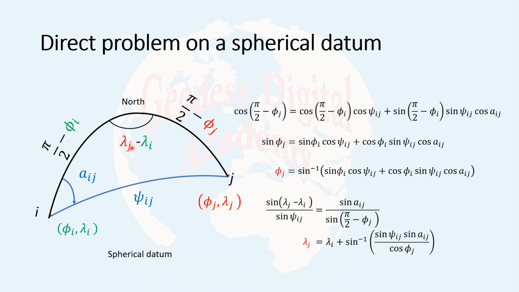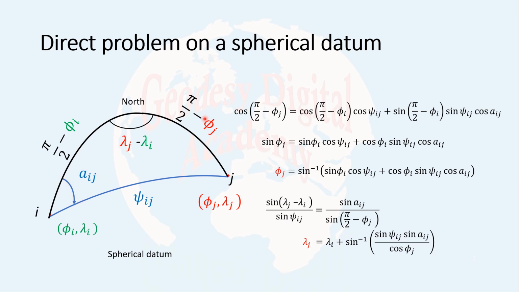For getting the longitude, look at what we have here. We have this angle, or the difference between the longitudes of the points, and the arc, the geocentric angle, or the arc in front of the north is known as well.